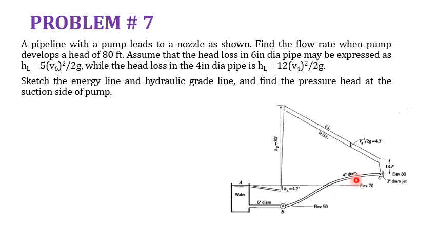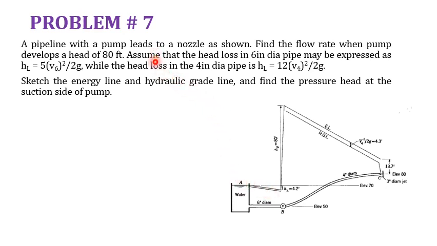And this 4 inches diameter pipe has its outlet at point C with elevation 80 feet, and the jet which will issue from this pipe is a 3 inches diameter jet. So they have also tentatively, or you can say qualitatively, drawn this hydraulic grade line and energy line.